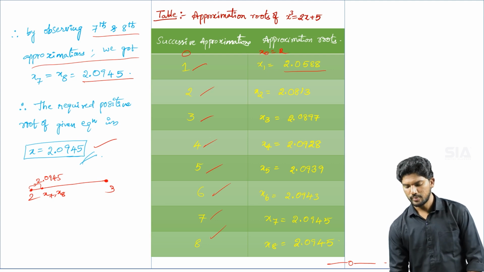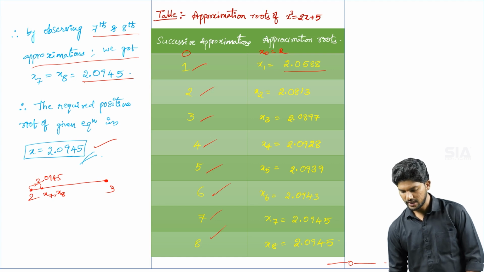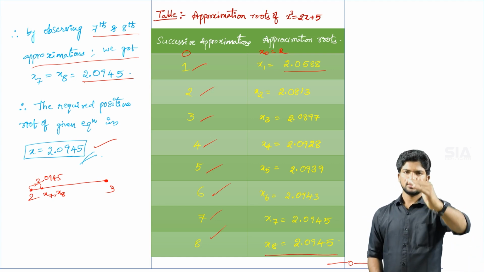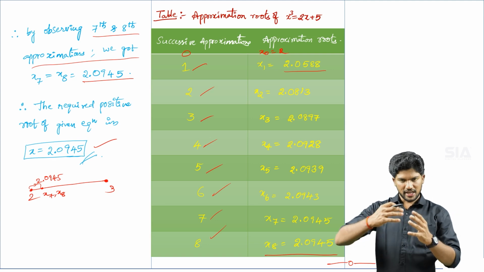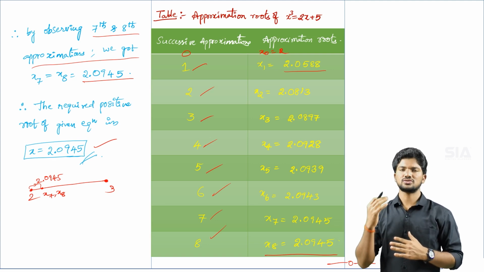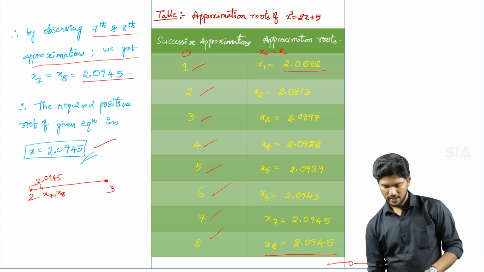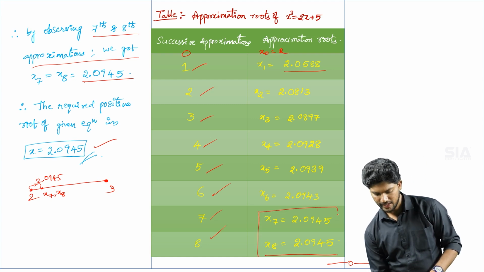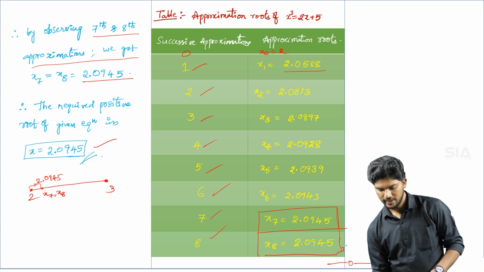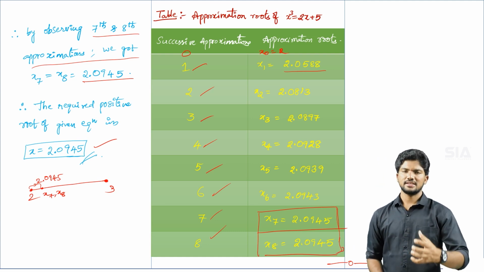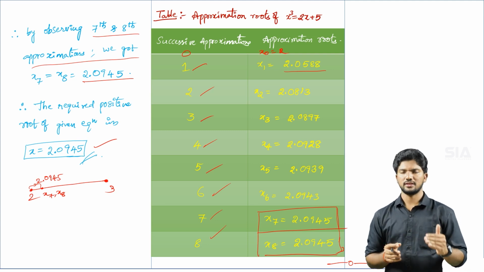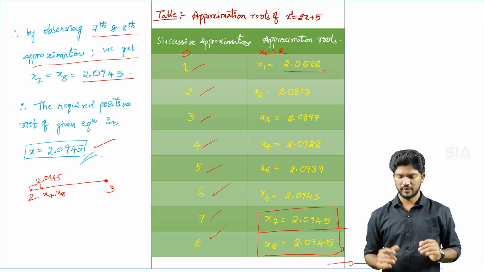So from 2 to 2.0882 to x8 2.095, if you observe carefully, the root is gradually converging towards 2.1. So x7 and x8 have the same values. By observing, you can clearly realize that x7 is the required root. Then you have to terminate the process there only. That is the required root.